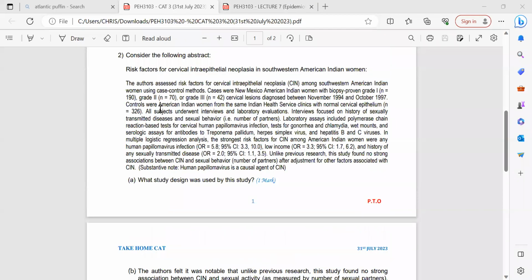Do we go back to read through the abstract again? So this was done between 1994 and 1997, so they went to the records.